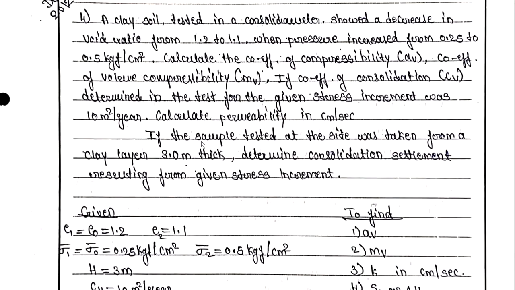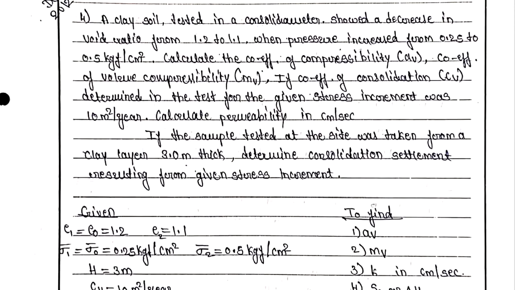Now let us list out the data which they have given. The void ratio was decreased from 1.2 to 1.1, that is e1 is equal to e naught is equal to 1.2. I have marked e1 as e naught because the initial void ratio here we have to consider as 1.2, and the final void ratio here is 1.1, so it was decreased from 1.2 to 1.1.